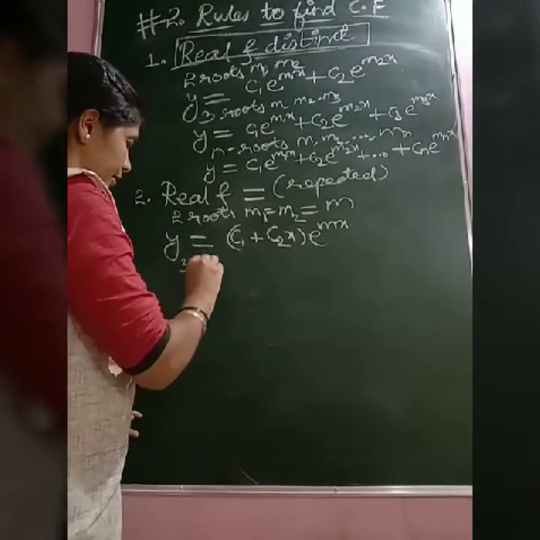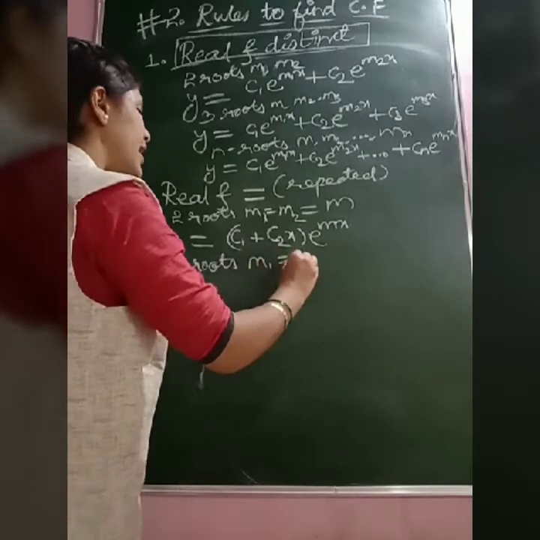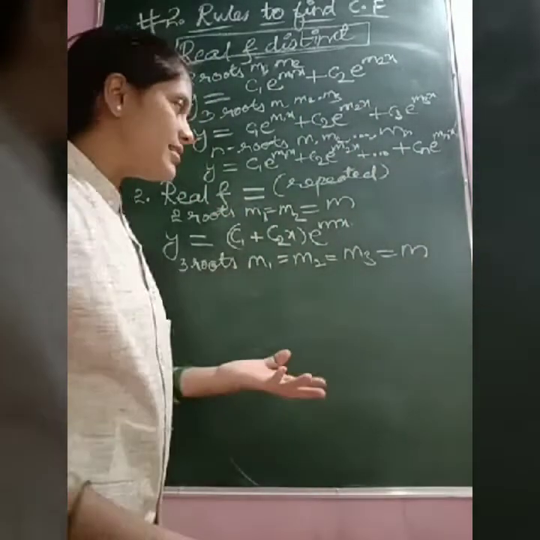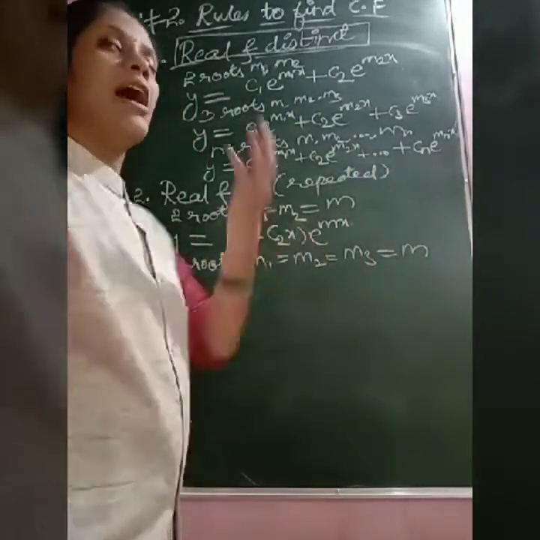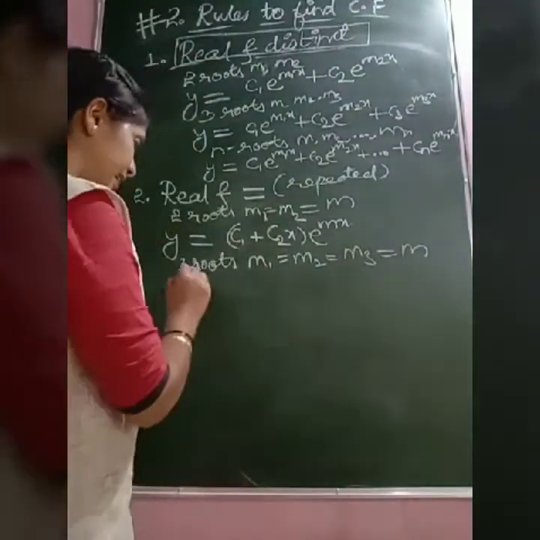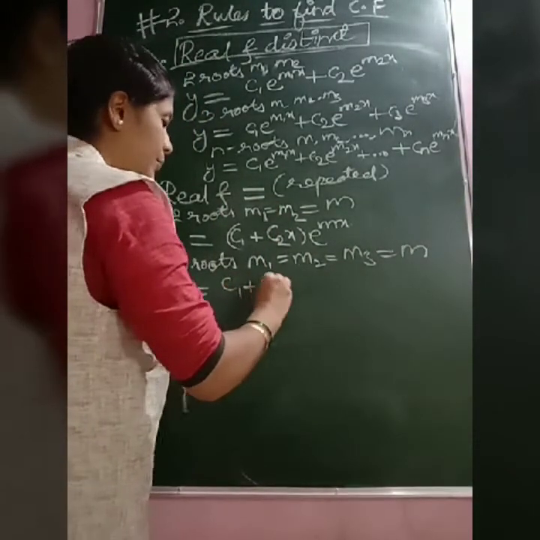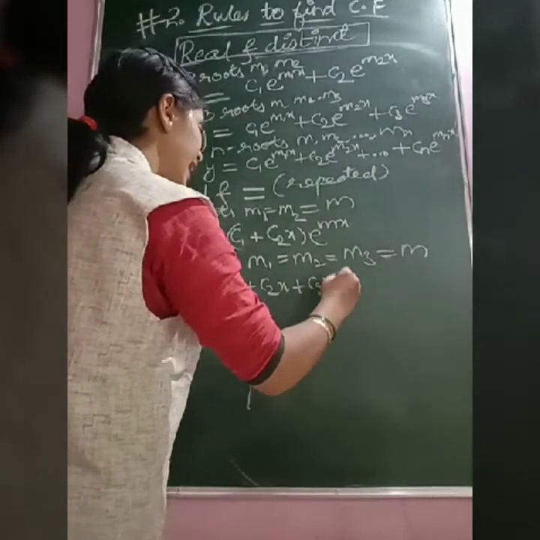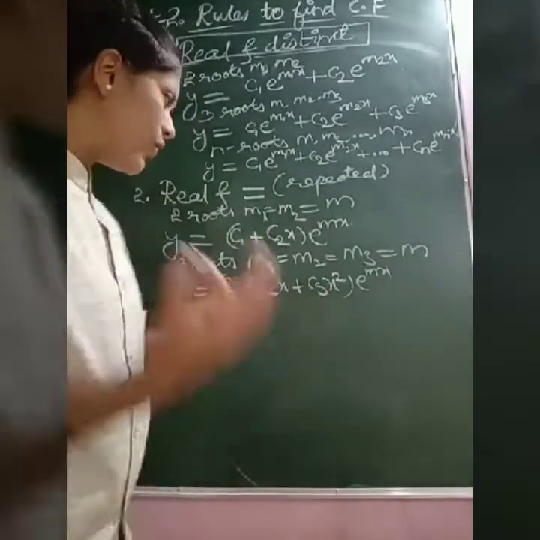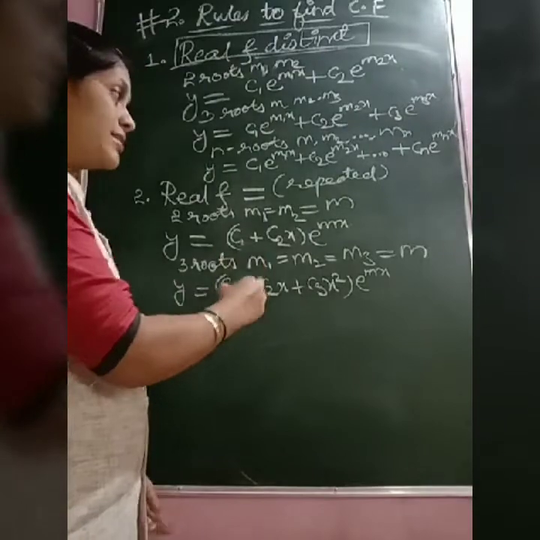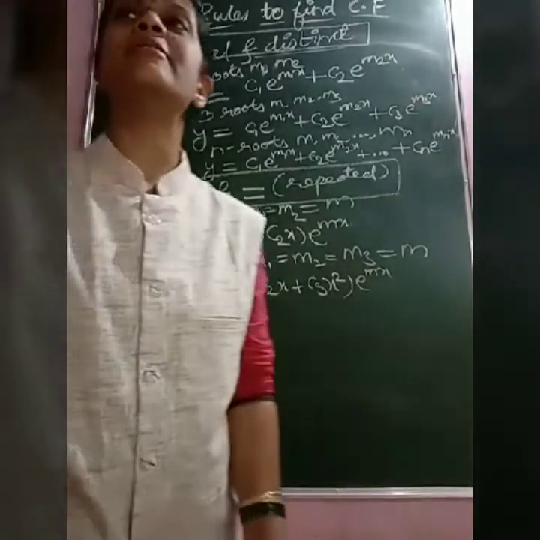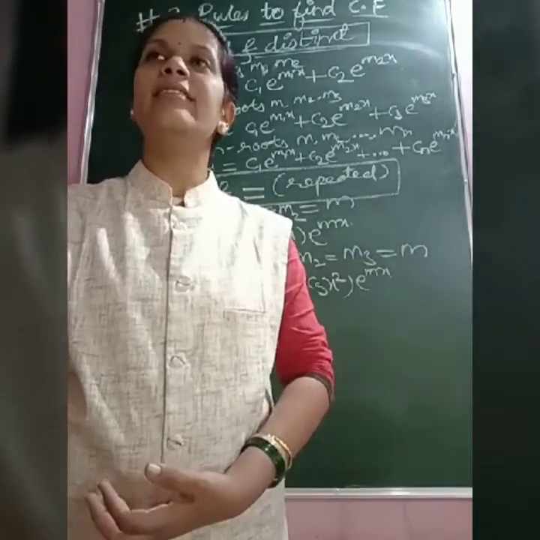Suppose three roots, all the three are equal, m1, m2, m3 all equal to m. Then how can we write CF? Again ascending power of x, up to C3, three constants for three roots: C1 plus C2x plus C3x square, e raised to mx. In the same way, ascending power of x when it is real and equal, in other words repeated roots.